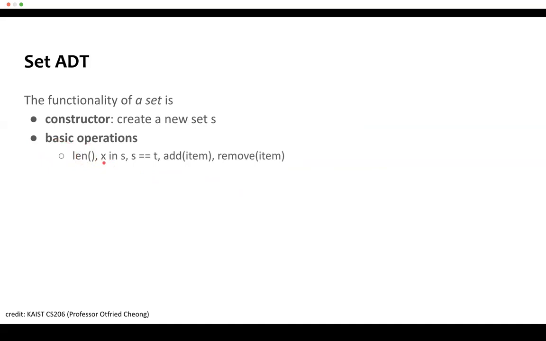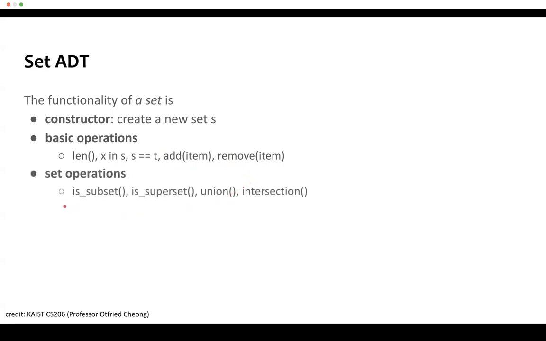And we need to be able to check whether X is in this set. And we also need to be able to compare two sets and whether they are equal or not, all right? And we also need to be able to add some items, and remove some items from a set.